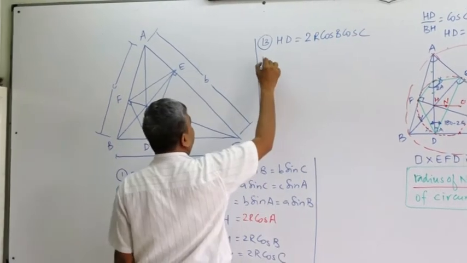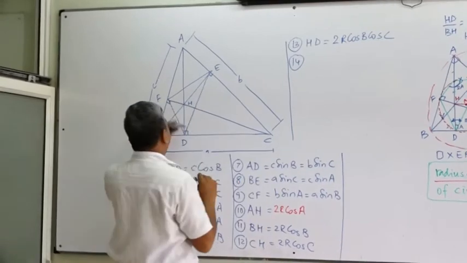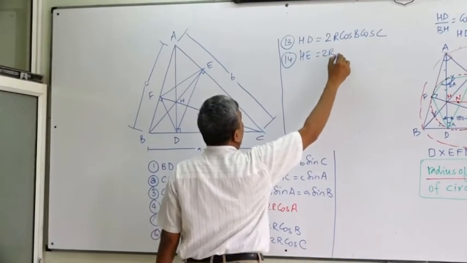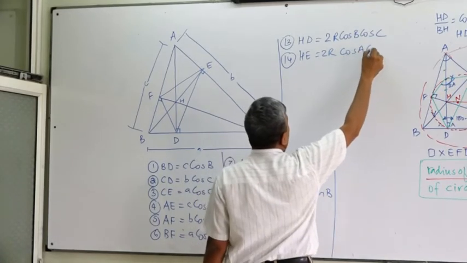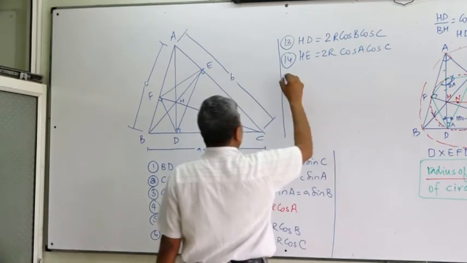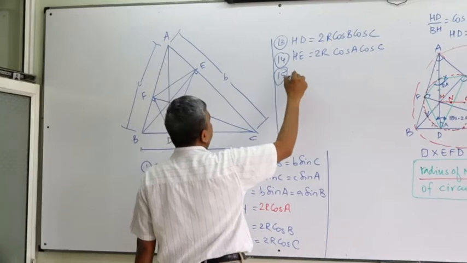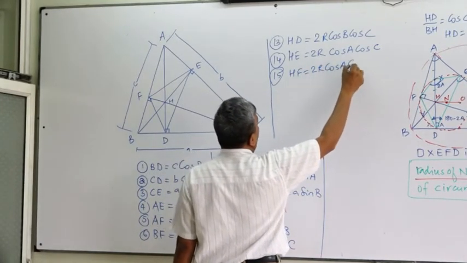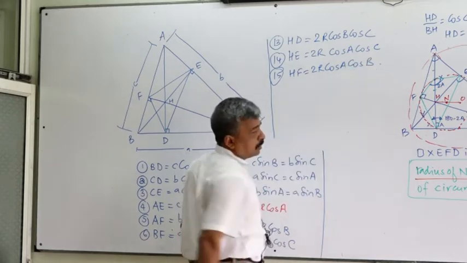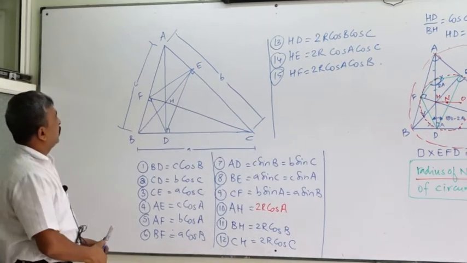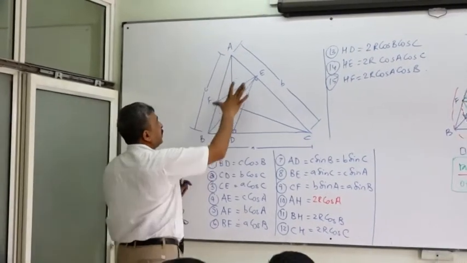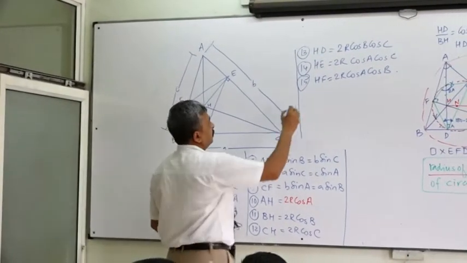So if I find one, I get the other. HE will be 2R cos A cos C, and HF is equal to 2R cos A cos B. Yes? Understood up to here? Now can you tell me EF?